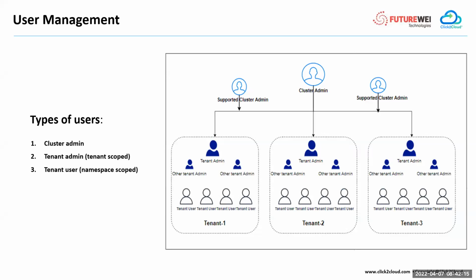Cluster admin will manage the whole Centaurus cluster, and tenant admin will manage one tenant, which will be assigned to that tenant admin. And under the tenant admin, we will have a tenant user which can perform operations under some namespace, like it will be namespace scope.